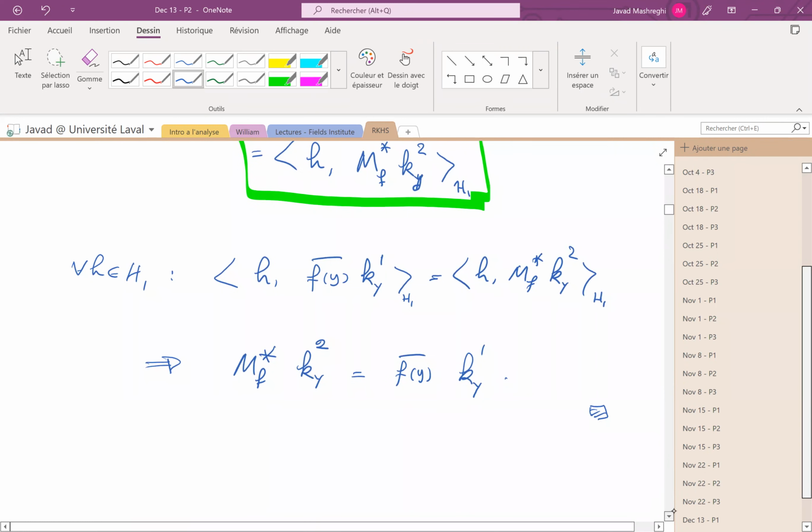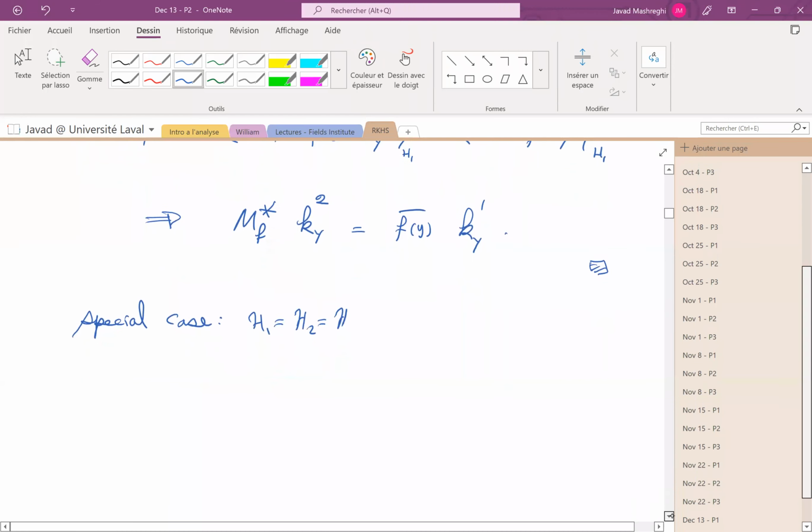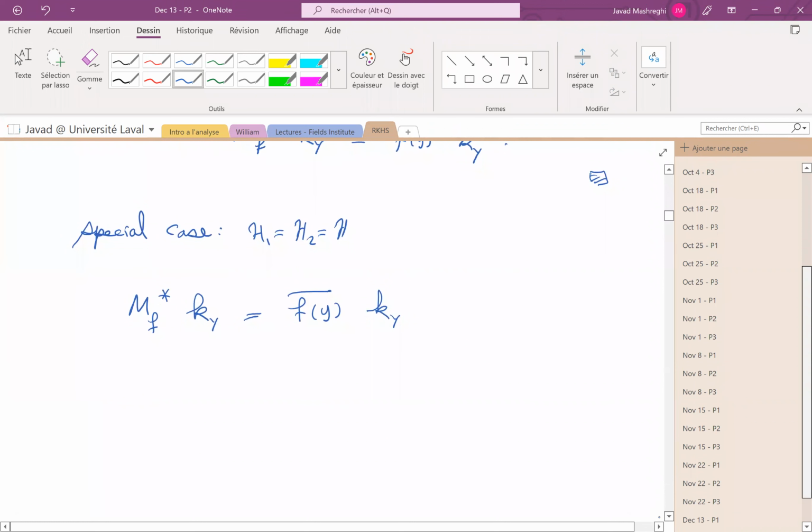I go back to the special case that we saw above. H1 is equal to H2 equal to H. In this case, we saw that M_F star K_y is equal to F(y) bar K_y. And if we take the norm of both sides, I start from the right side.